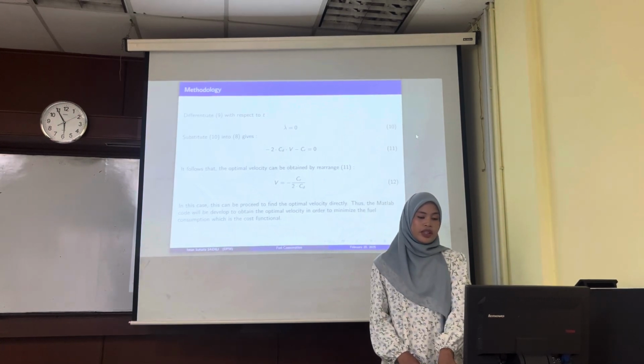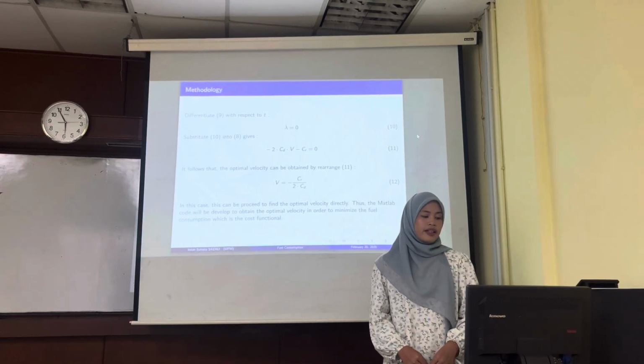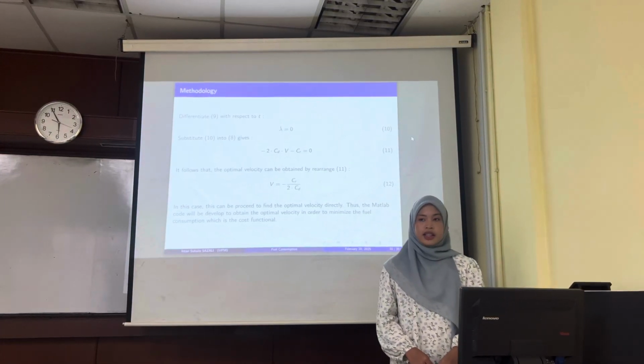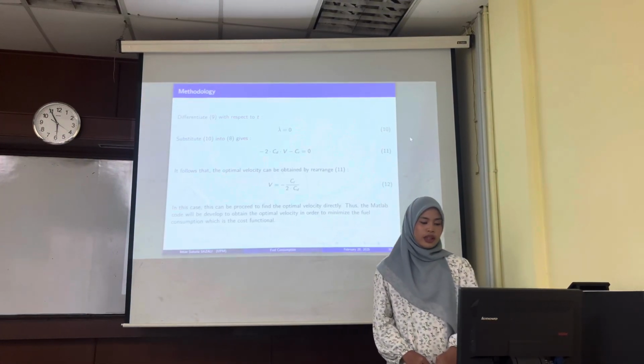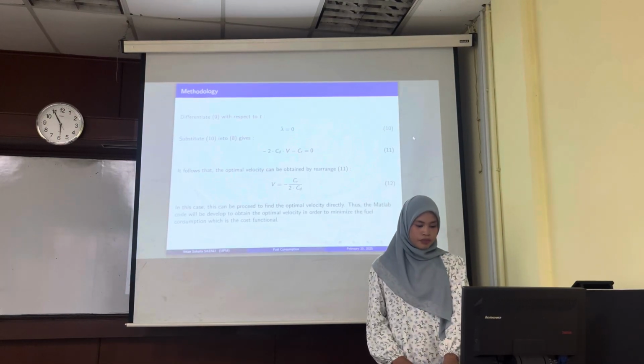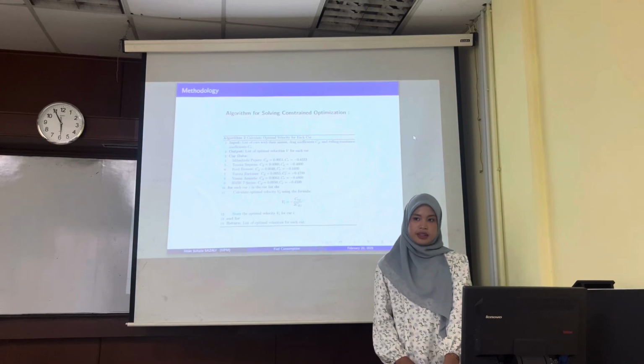From equation 11, we can rearrange and proceed to find the optimal velocity directly, which is V equals negative CR over 2 multiplied by CD. Okay, so this is the algorithm to calculate the optimal velocity.